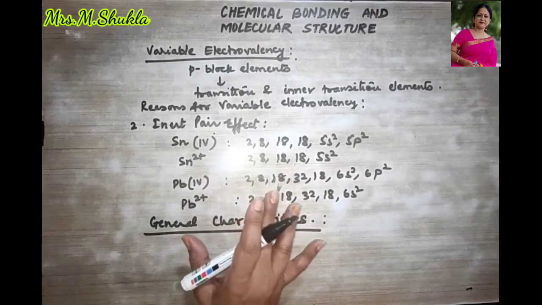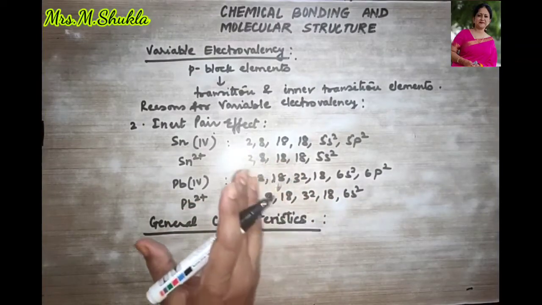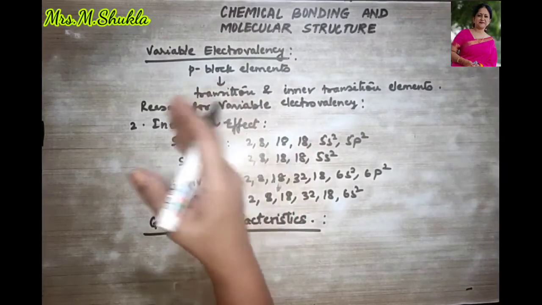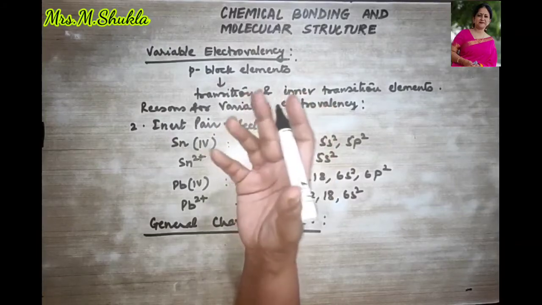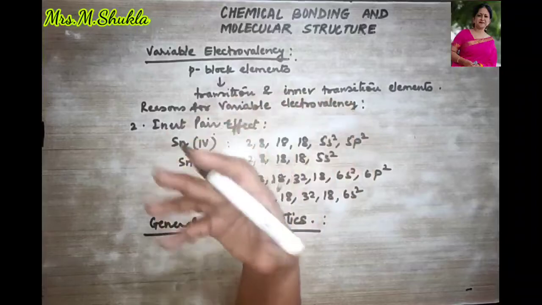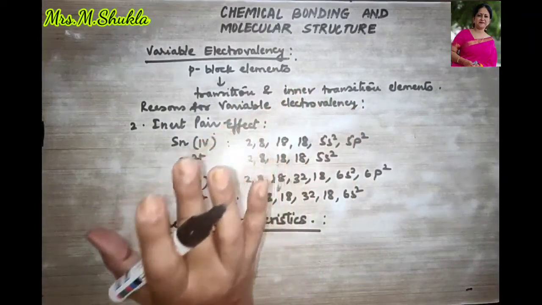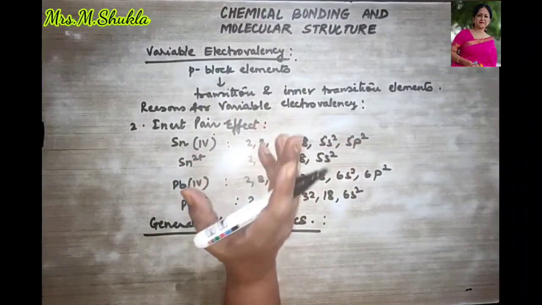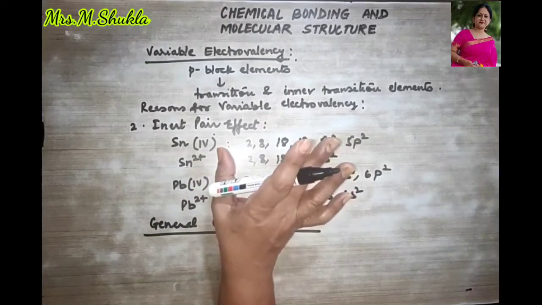Clear? Then the ionic compounds are hard and brittle in nature. This hardness is due to the strong forces of attraction between the opposite charged ions, and the brittleness is due to the movement of the layer of crystal over the other layer. Clear? Then electrovalent compounds, as you know, are fairly soluble in polar solvents, but insoluble in non-polar solvents.